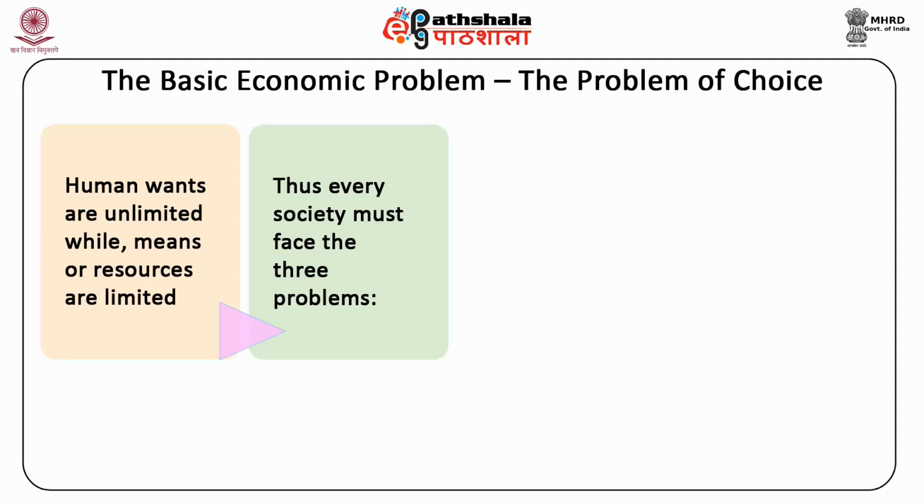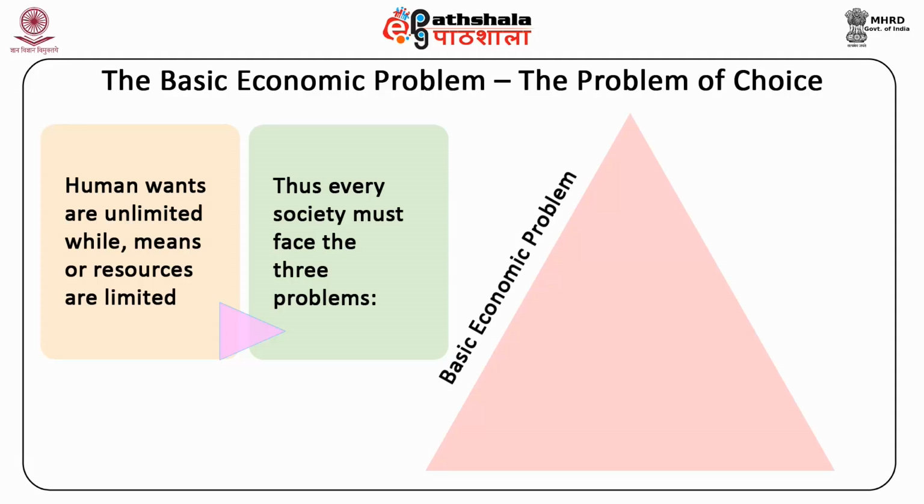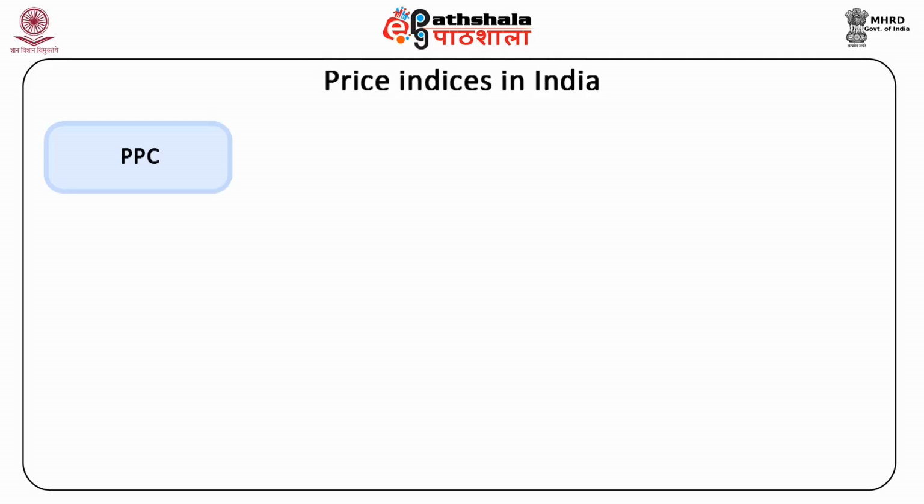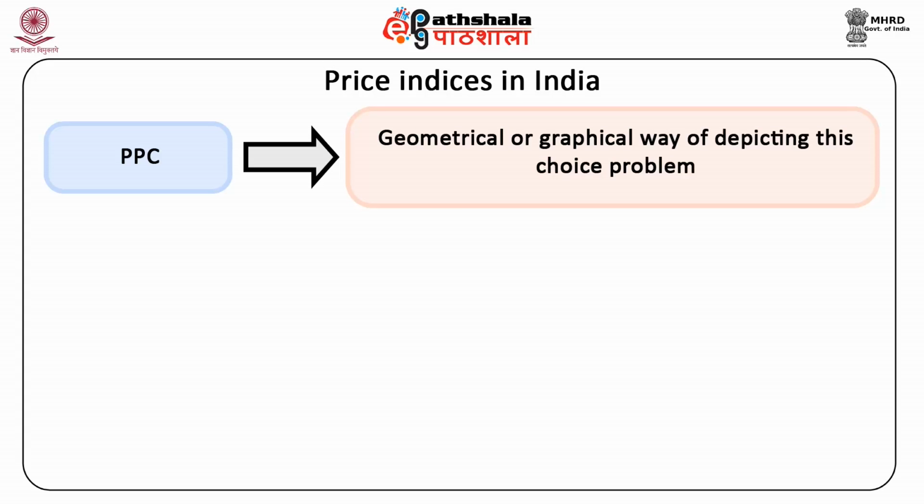Thus, every society must face the three problems: what to produce, how and for whom, which are known as the problems of allocation, choice of techniques, and distribution. Economics studies this choice problem in one of the ways through the production possibility curve or frontier. The production possibility curve, known as PPC. This is a geometrical or graphical way of depicting this choice problem.